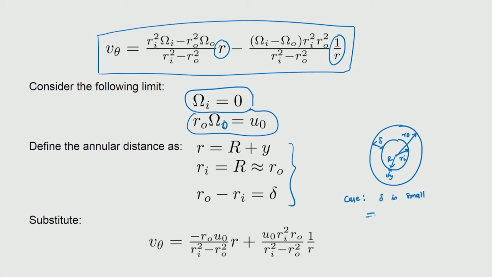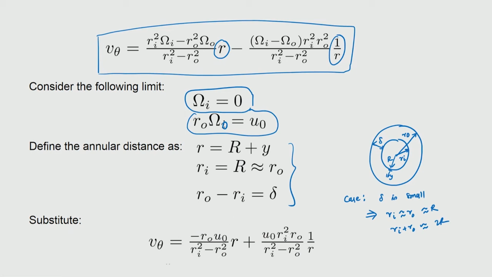When delta is very small, it also implies that Ri, Ro are both very close to R, which also means that Ri plus Ro is very close to 2R and so on. So we make those simplifications and look at how the V theta is varying.